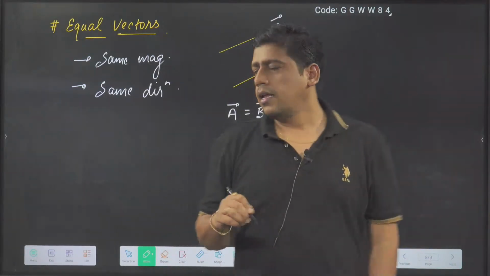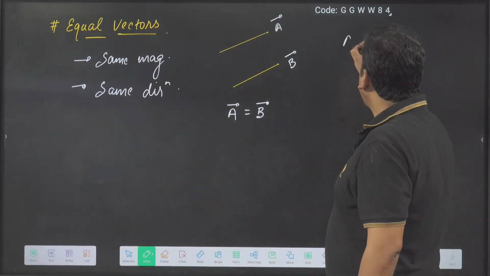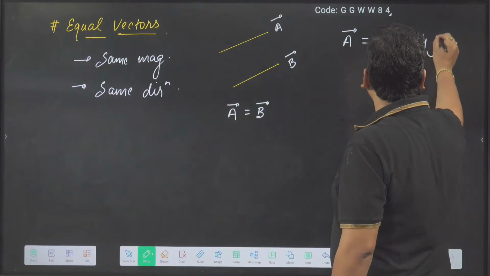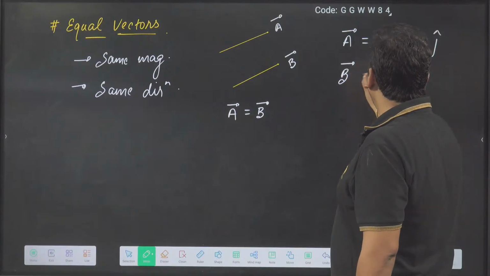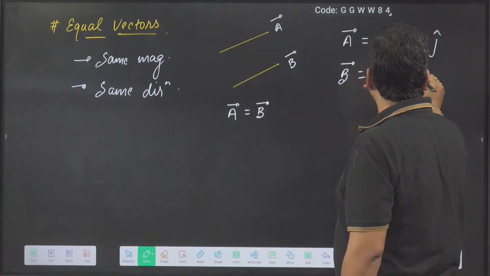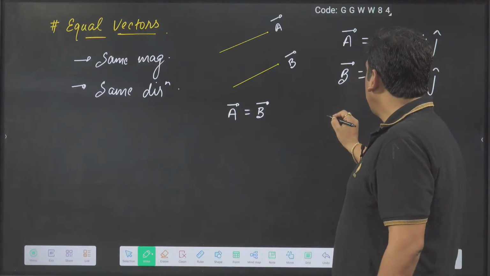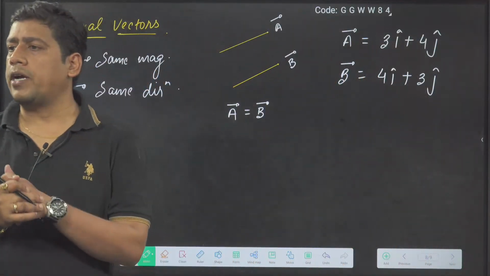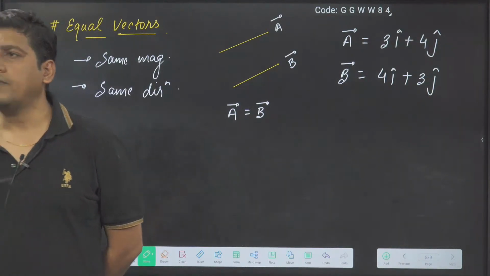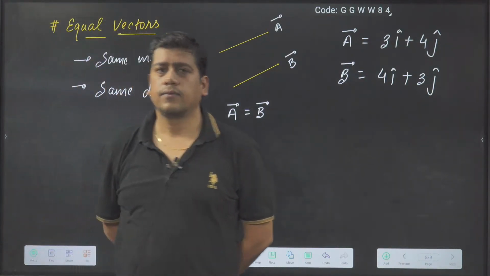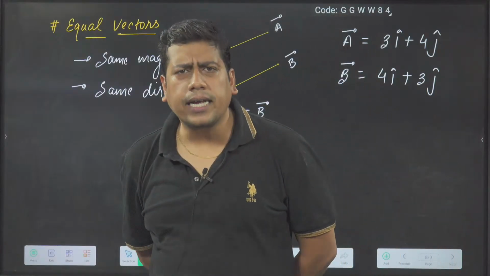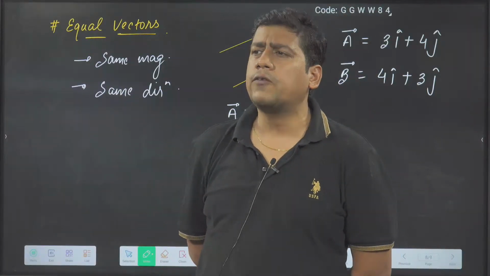If I say A vector is 3i cap plus 4j cap and B vector is 4i cap plus 3j cap, can we claim that A vector is equal to B vector? No.